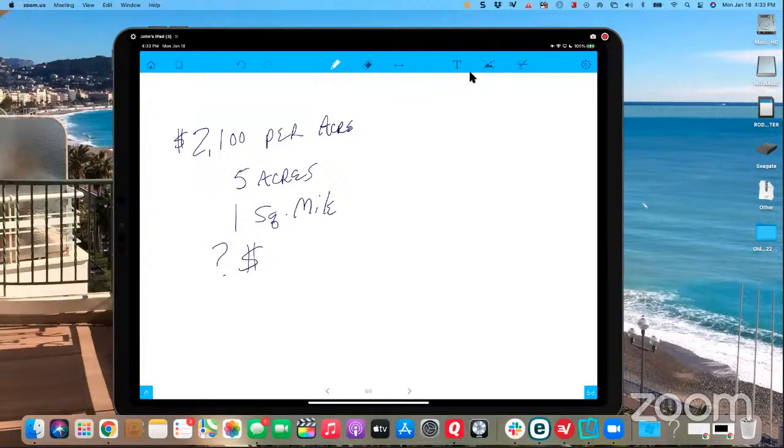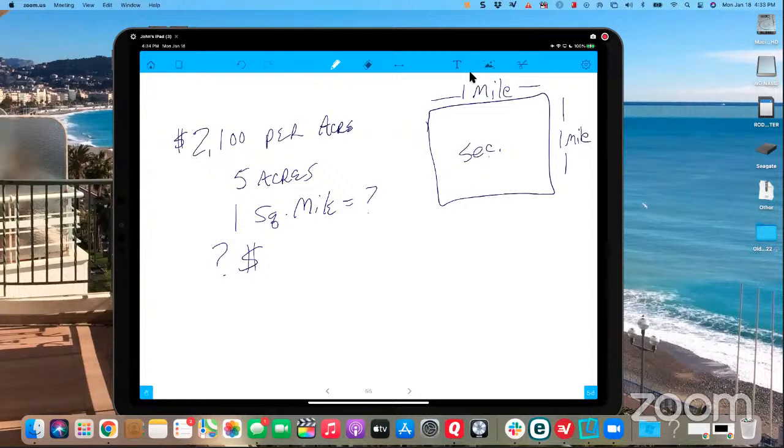Well, again, I have this same question, although I have a different number for the amount. What is 1 square mile? Remember in chapter 6, a section is 1 mile by 1 mile.